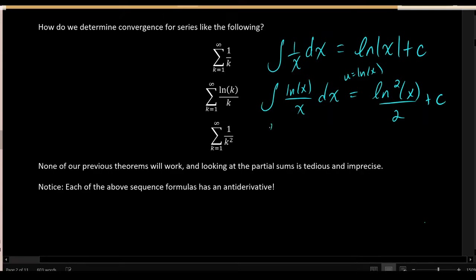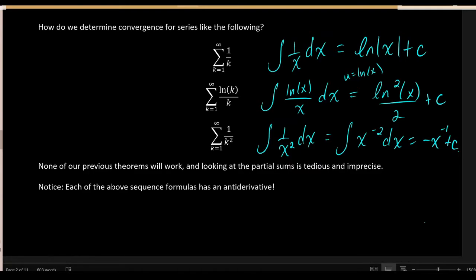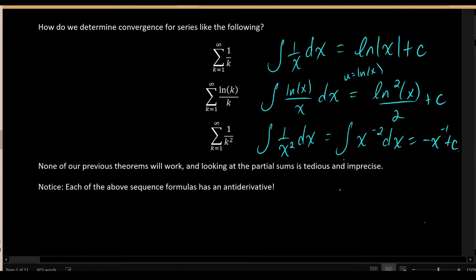And finally, the integral of 1 over variable squared, which is the same thing as variable to the minus 2, can be integrated using power rule. So we're going to use the fact that each one of these formulas has an integral, and we're going to use that integral to make some conclusions about convergence/divergence.